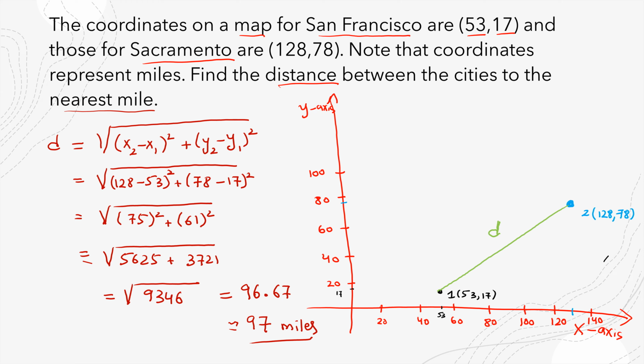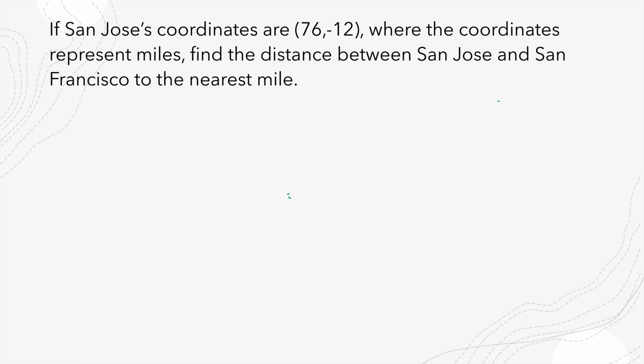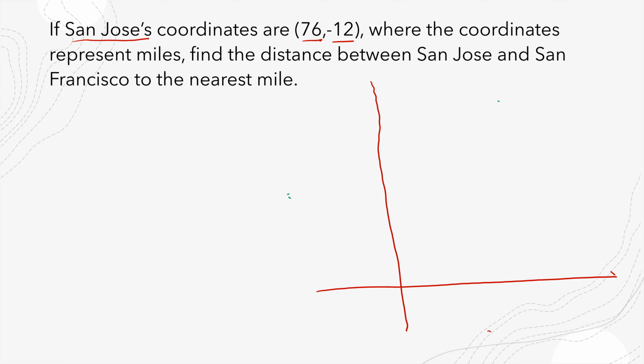Now, similarly, we can add multiple points to the graph. Let's do an additional one and add one more city, San Jose, given the point coordinates of 76 and -18. Now here you can see I have a minus as well, so we can plot the minus on the graph as well. Let's say this is my x-axis again, and I have the y-axis.